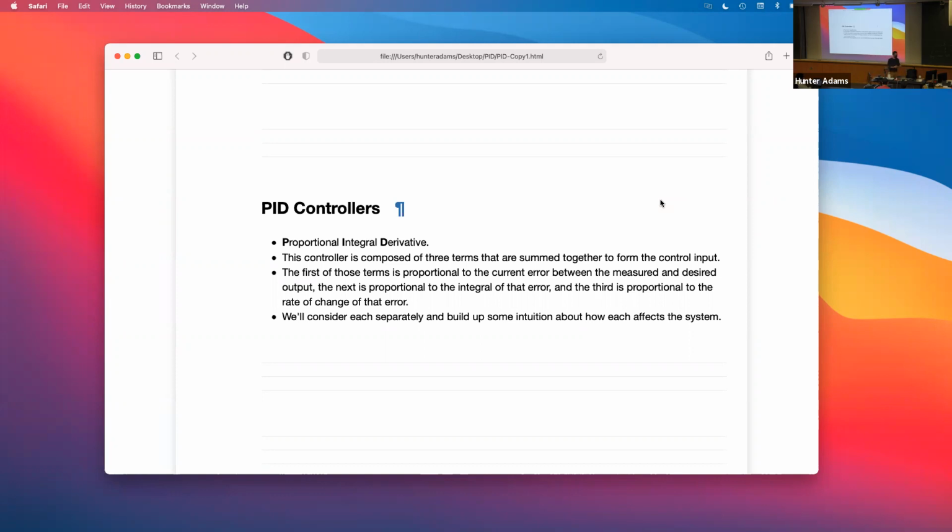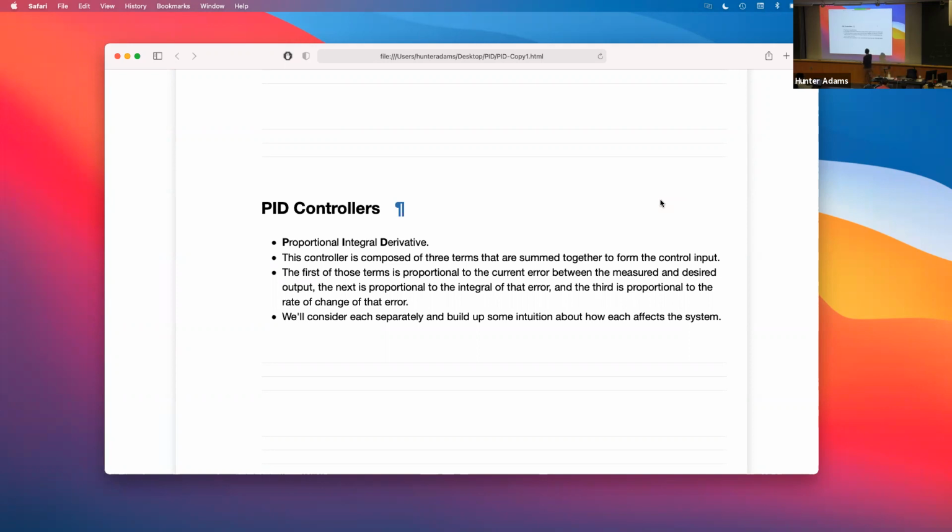Okay, so as the name suggests, PID controllers, proportional integral derivative controllers, have three terms in them, and those three terms are summed. The first term is proportional to the instantaneous error, which is to say the difference between, in our particular case, your measured angle and your desired angle. You look at that difference, you scale it, and that becomes that term of the control input.